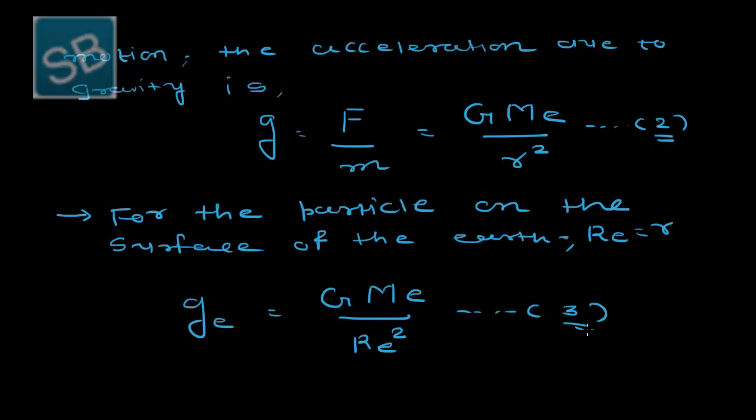This is our final equation for gravitational acceleration for a particle on the surface of the Earth, and this is acceleration due to gravity, where the universal gravitation constant arrives.